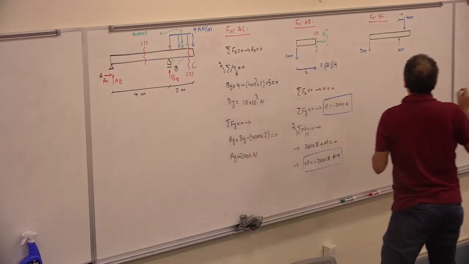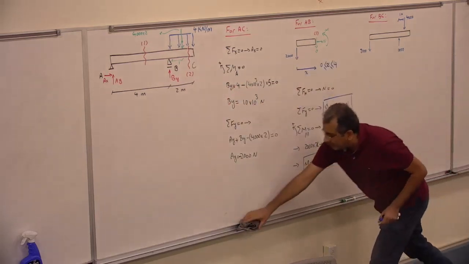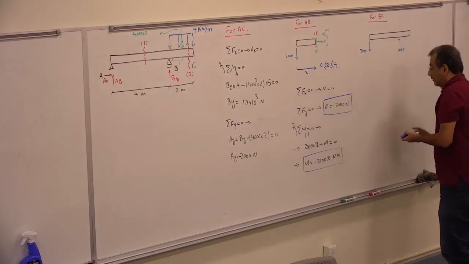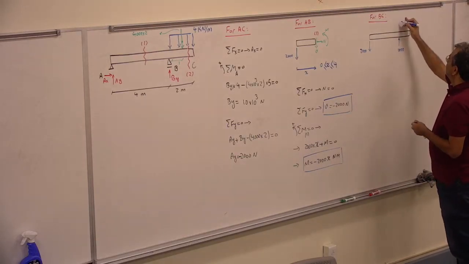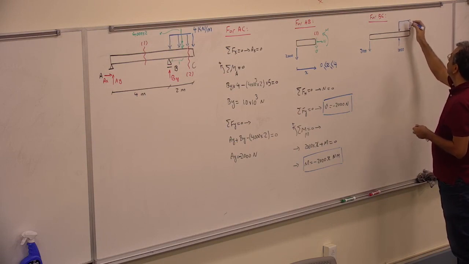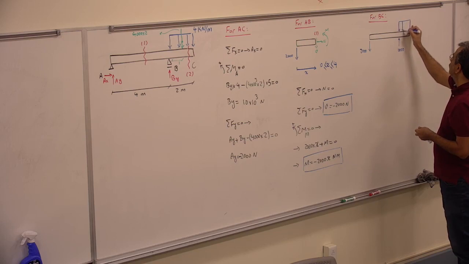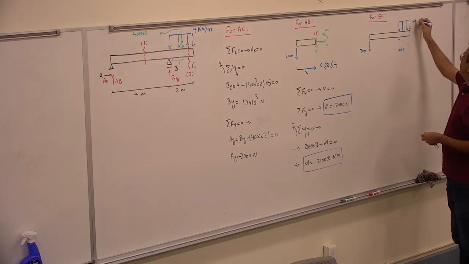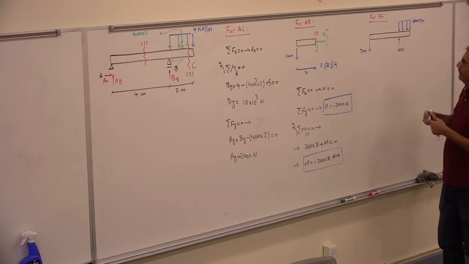So what you would do, and I asked you to do, is don't touch the distributed load when you cut it. After you cut it, then you go there and try to replace it. So just leave it there, 4,000 newton per meter for now.